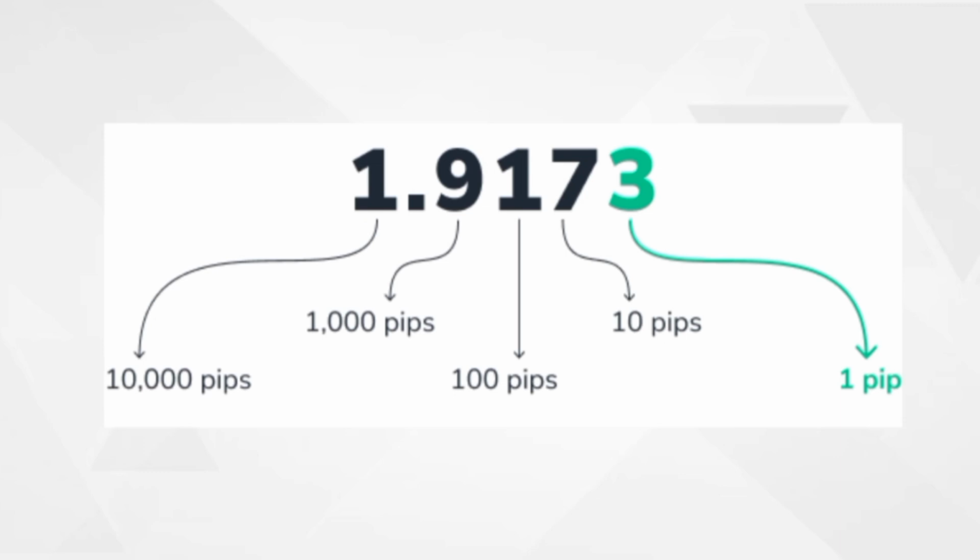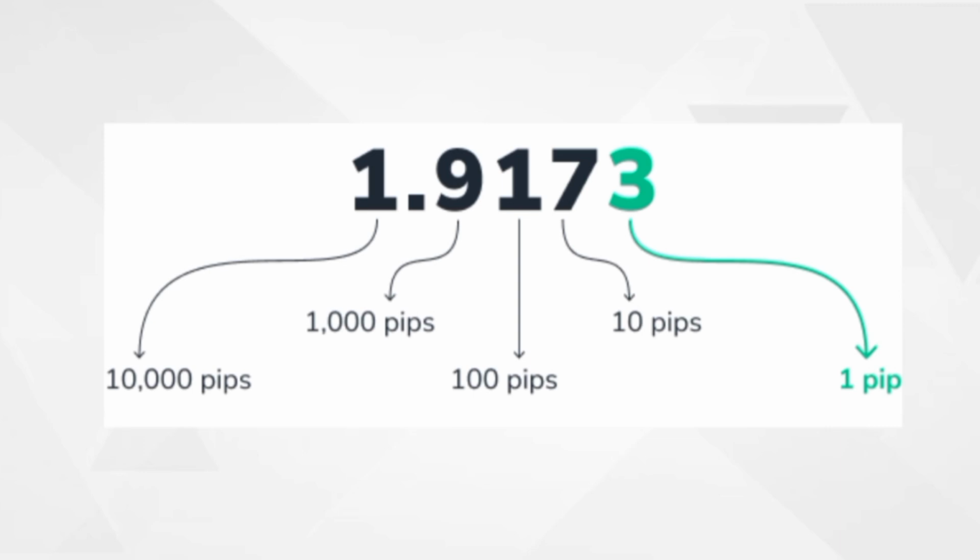You can see them like 2000 point something, 17,000 point something, 18,000 point something. That's how they usually look. So just get the concept of these pips and pipettes.